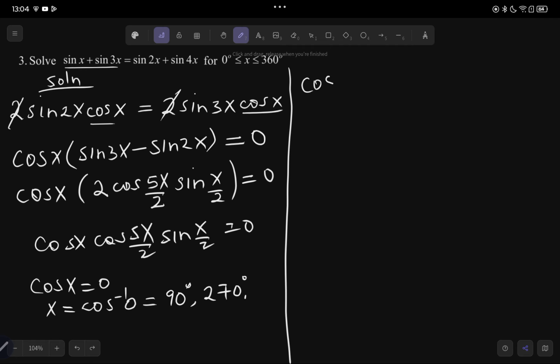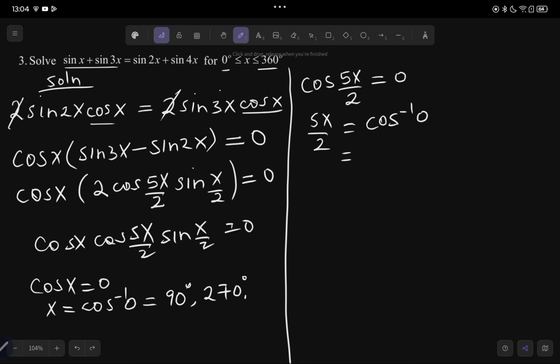Now let us look at cos 5x over 2 is equal to 0. So 5x over 2 is cos inverse of 0. Now here comes the range issue. Our range was 0 to 360. So if I have 5x over 2, I should do the same thing on the range.